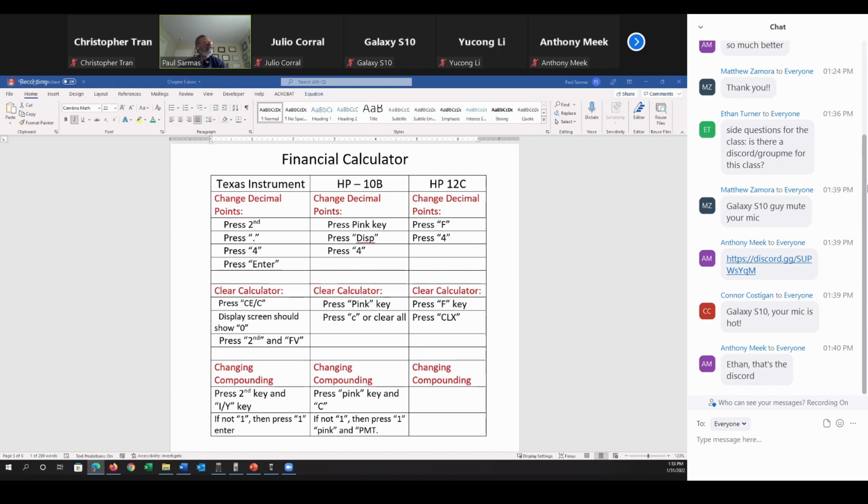The first file, calculators instruction, has this page. This tells you how to set up your decimal points.